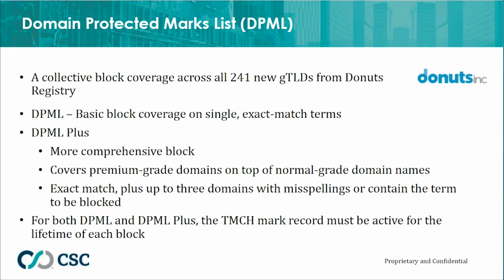One thing to consider within the Donuts block as well is that in the last months and in the upcoming months, we have seen quite a few new gTLDs being acquired by the Donuts registry. So we can only expect that the list of TLDs included in their blocking mechanism will continue to grow.